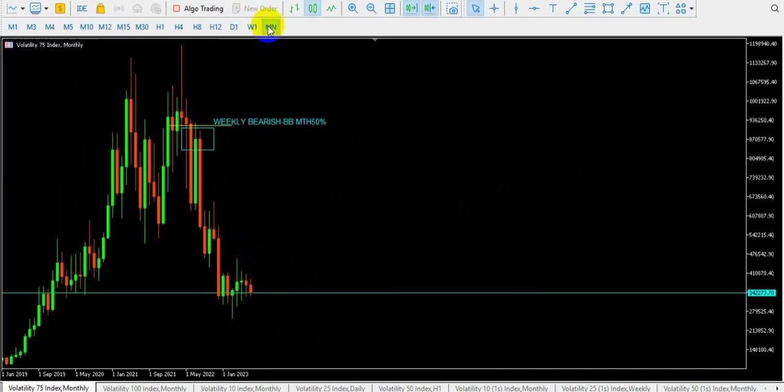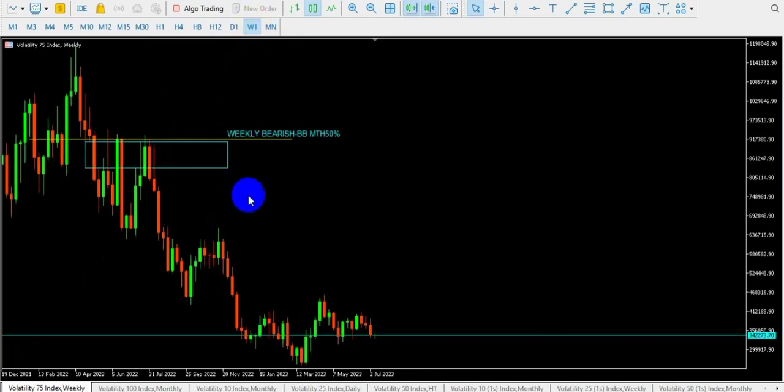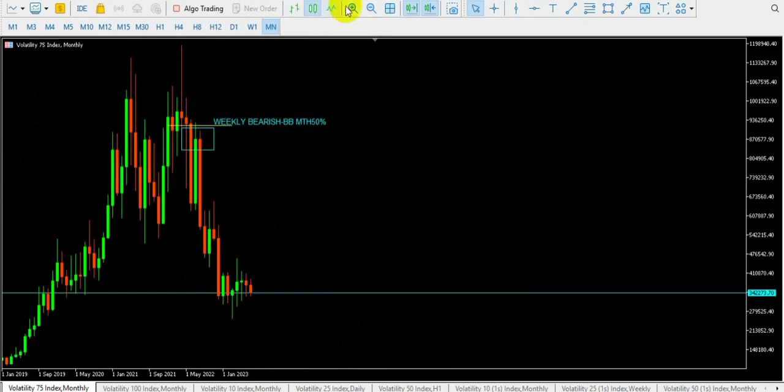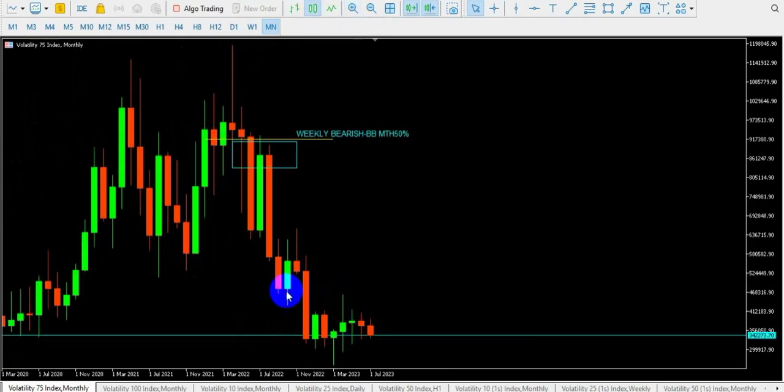Let's mark this order block the way we normally mark them. We could use the weekly to mark the order blocks, but let's use the monthly so that it will be easier for you guys to understand. So I'm going to mark this order block.